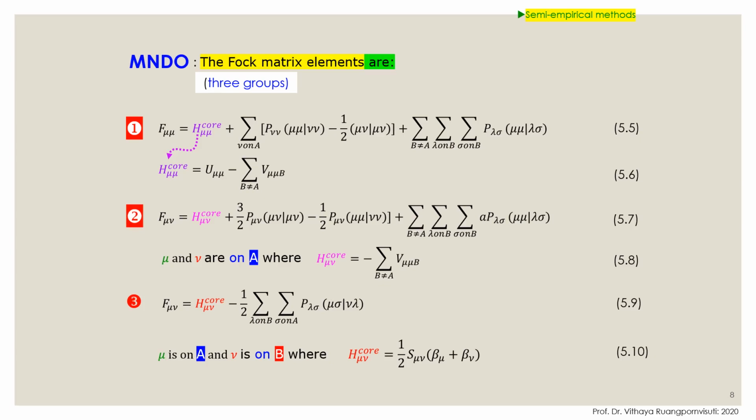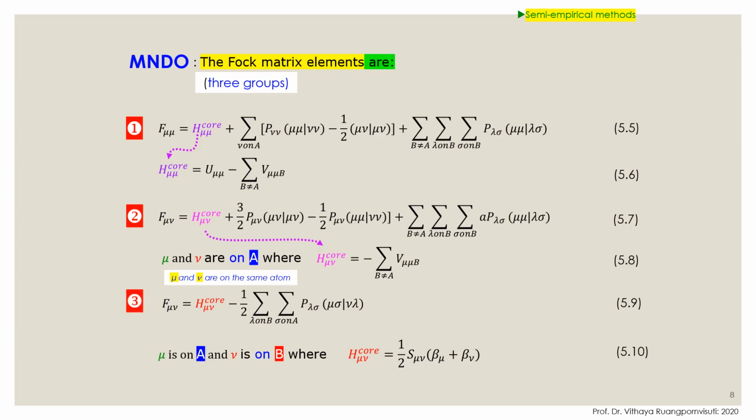The second group, F mu nu is equal to H core mu nu plus the term shown in equation 5.7, where H core mu nu is equal to minus summation b not equal a of V mu nu, b, as shown in equation 5.8, where mu and nu are on A, the same atom.